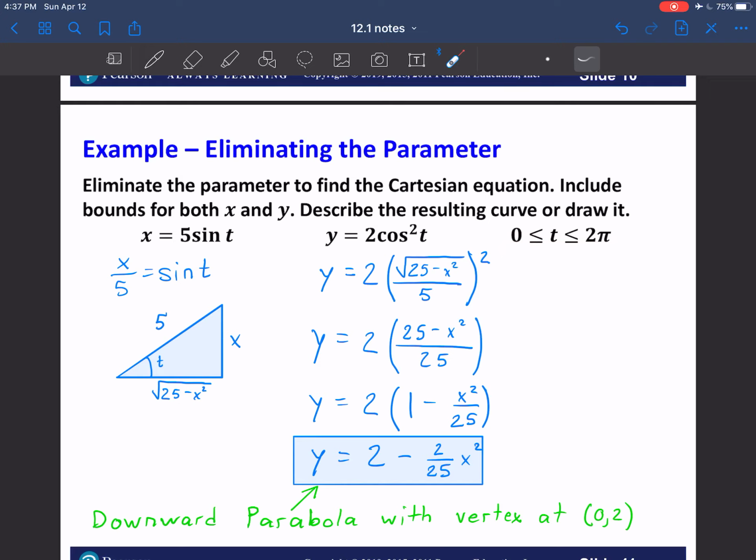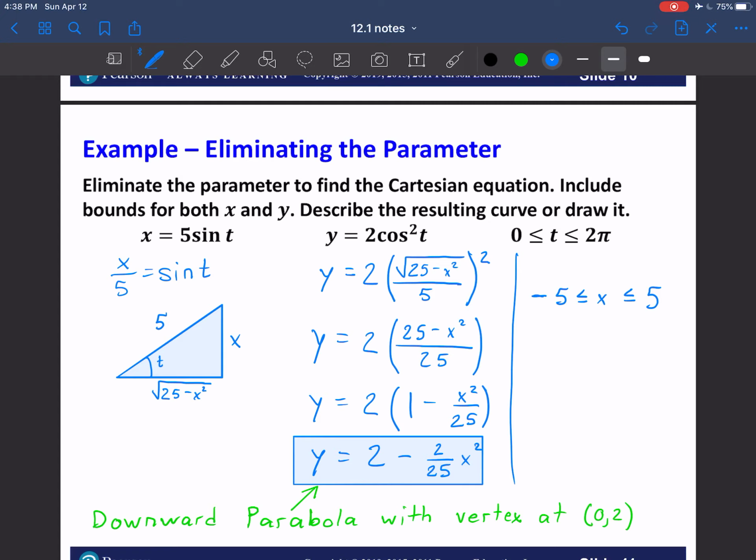So this value for x will range between -5 and +5 within these bounds, right? Because sine varies between -1 and +1. And so we may write that -5 is less than or equal to x, which is less than or equal to +5. So those are the bounds for x.